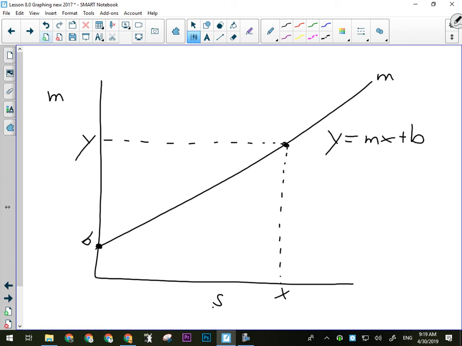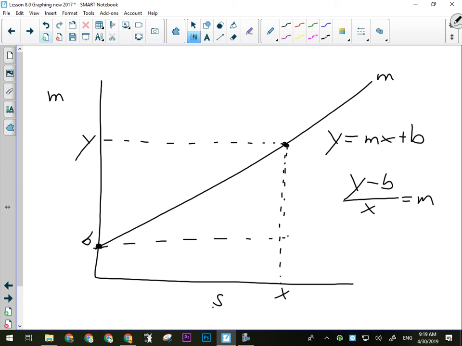Right, so the slope, if I want to calculate m, get it by itself, I'm going to subtract b. I'm going to go y minus b divided by x equals m. So essentially what I'm doing is taking y, subtracting b, so I'm finding out how much the line goes up, and I'm dividing it by how much the line goes over.